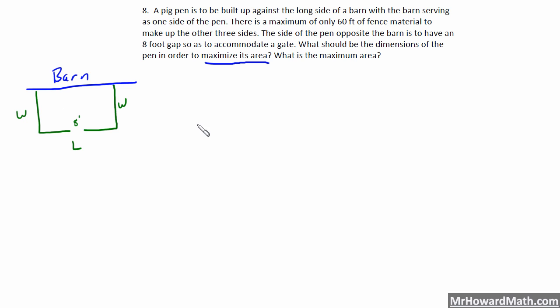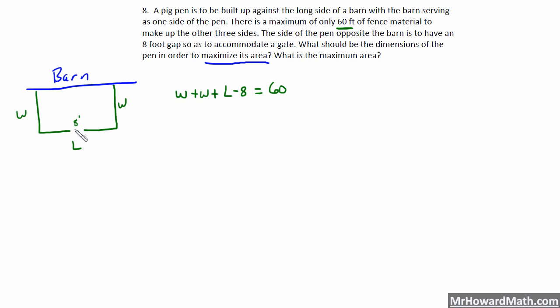Alright, so the first step that we used before is we want to put in this constraint. So we only have 60 feet of fence. So that means that W plus W plus our length minus 8 is supposed to be equal to 60, right?